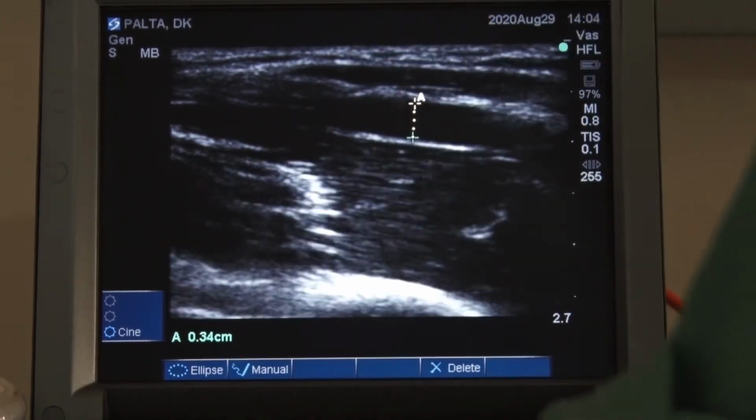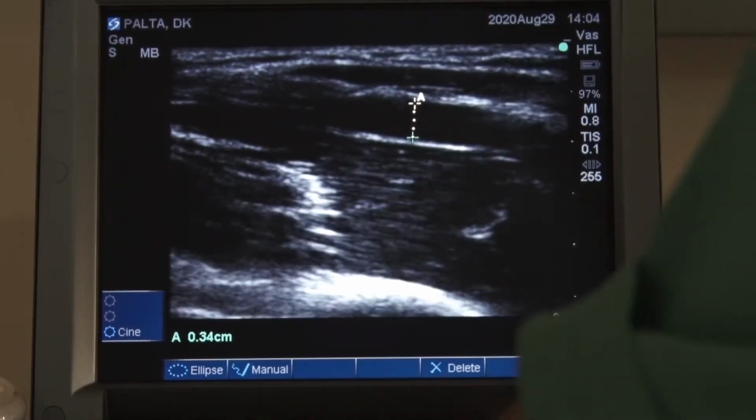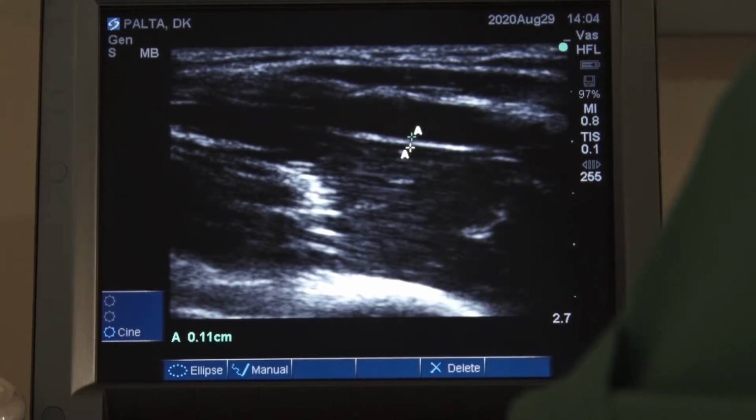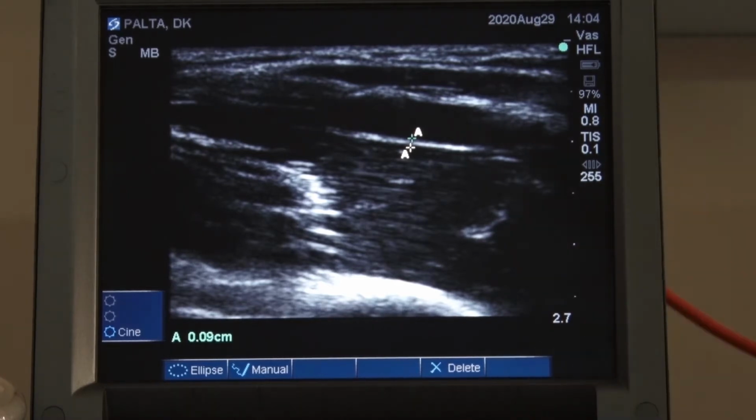We can also take the medial intimal thickness like this. This is the medial intimal thickness of around 0.9 mm.